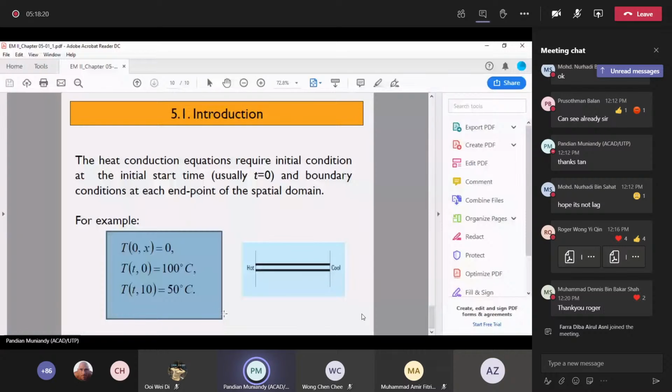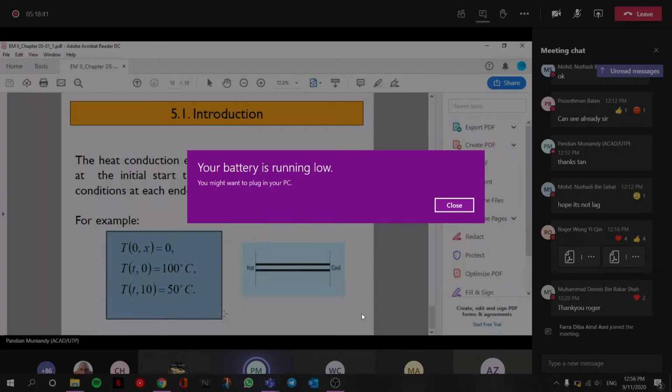So where to start? In order to start, you must be given the initial start time, the boundary conditions, BC, and the initial condition, IC.